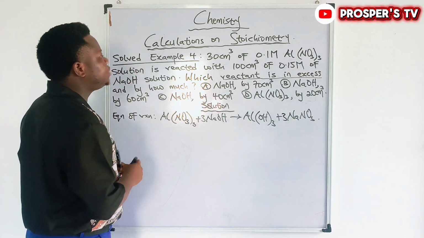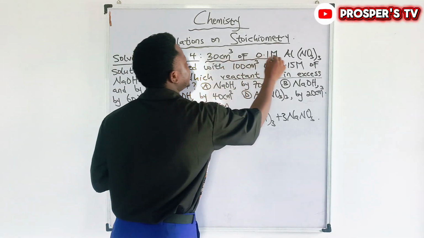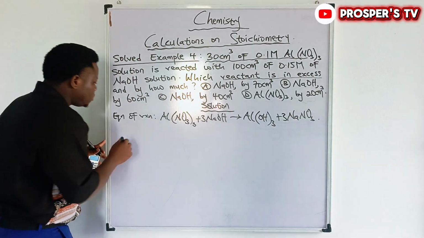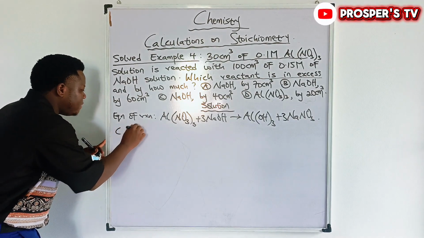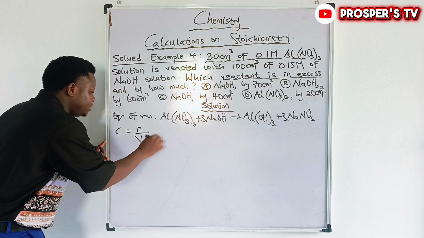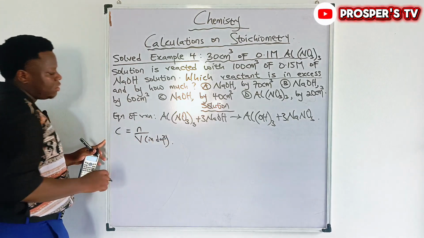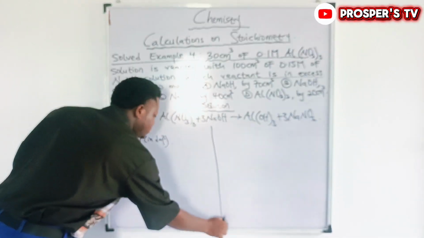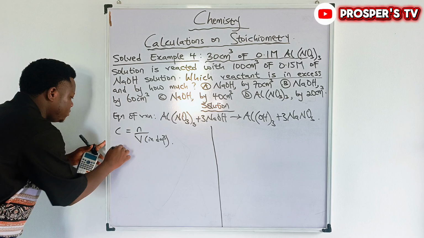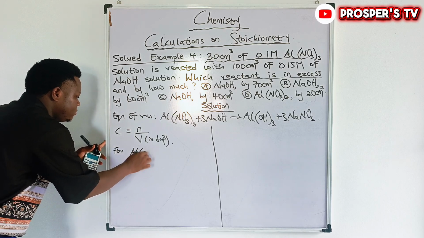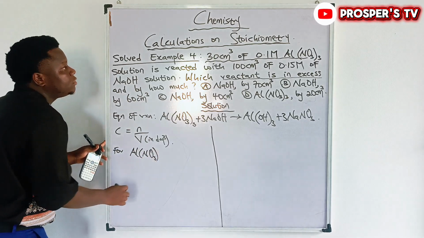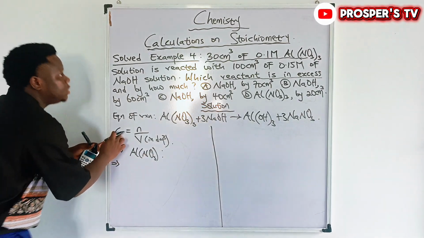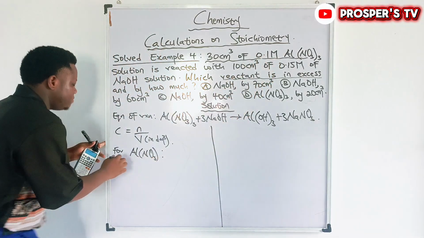Now, after balancing your equation, remember I told you whenever you come across this line in a stoichiometry problem, you make use of your formula for concentration. So we say what? Concentration is equal to what? Amount over volume in dm cube, remember. So for your aluminum, let's divide this board into 2. So for Al(NO3)3, we have that the concentration is 0.1 mole per dm cube.